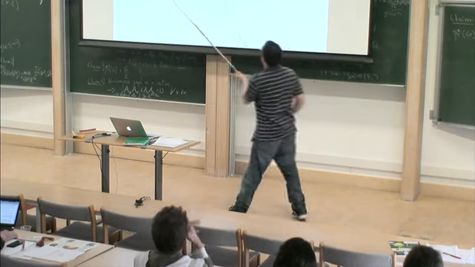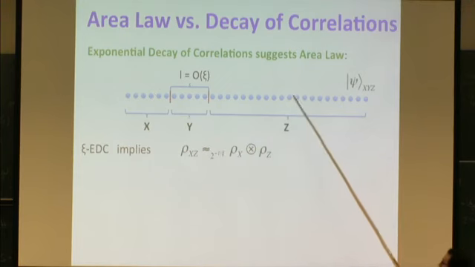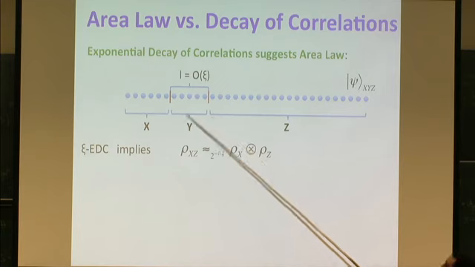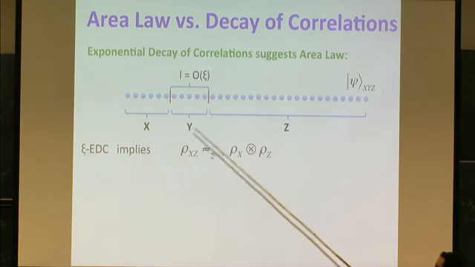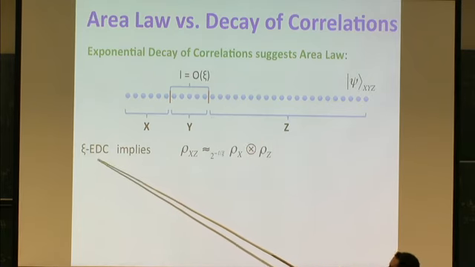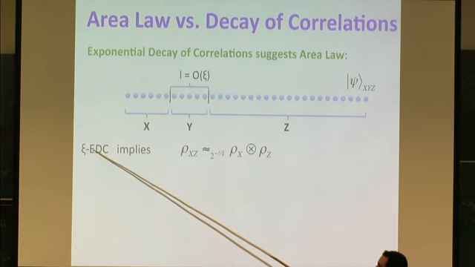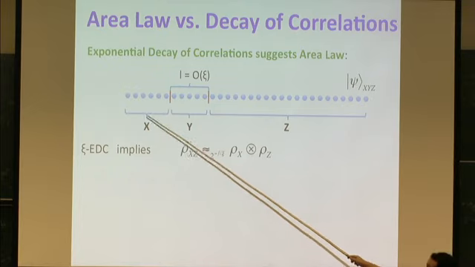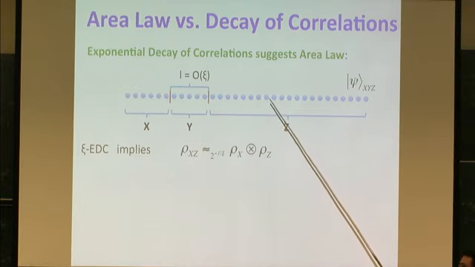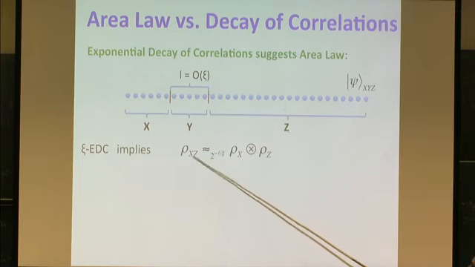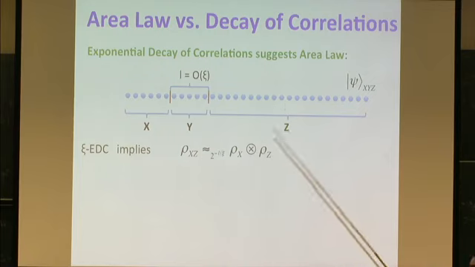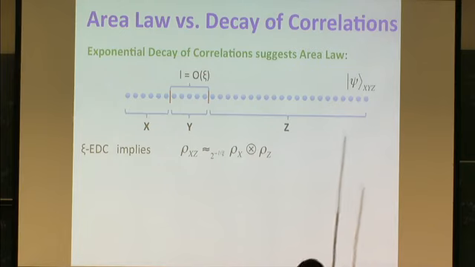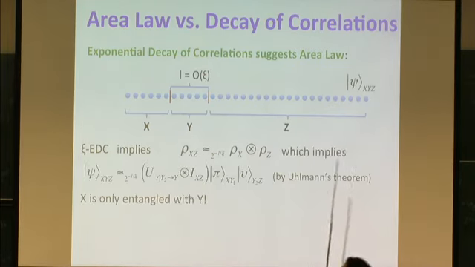The argument is the following. Suppose that, again, we have our line. We have X, Y, and Z, and Y is of order the correlation length, a little bit bigger. Then, if the state psi has exponential decay of correlations, the correlations between X and Z should be very small, epsilon. So in some sense, this rho XZ is close to rho X tensor rho Z. But if it was not just close but exactly equal, we would be in good shape.